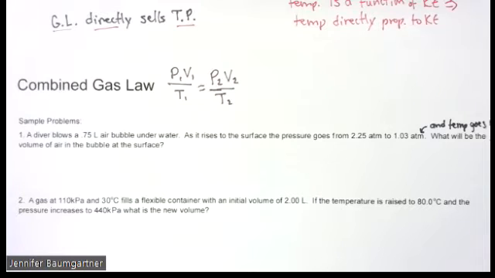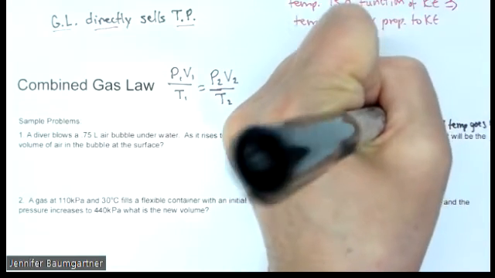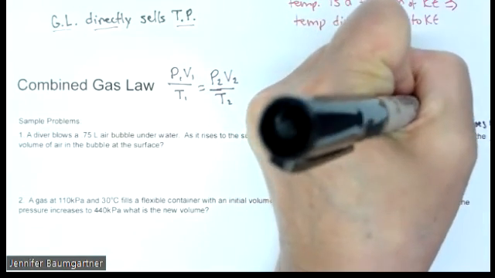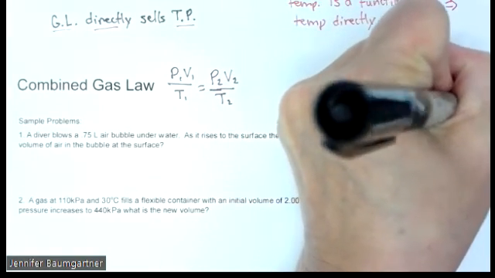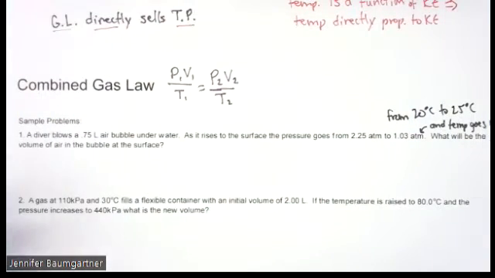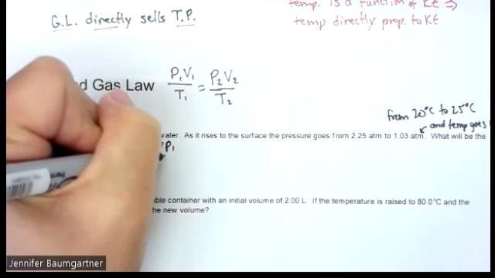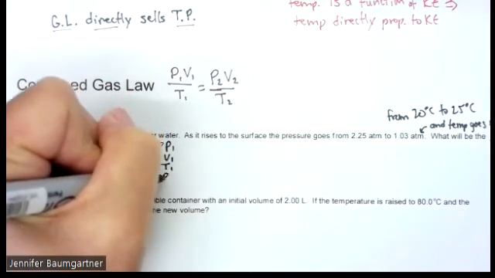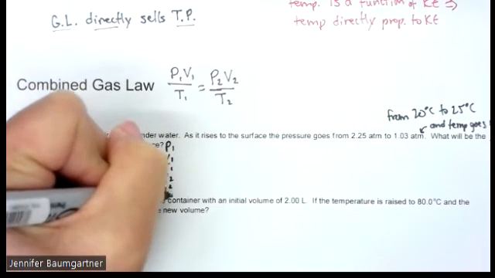As it rises to the surface, the pressure goes from 2.25 atmospheres to 1.03 atmospheres, and the temp goes from 20 degrees Celsius to 25 degrees Celsius. What will be the volume of the air in the bubble at the surface? Well, we're going to do a variable bank again, except this time I'm going to have P1, V1, T1, P2, T2, V2.